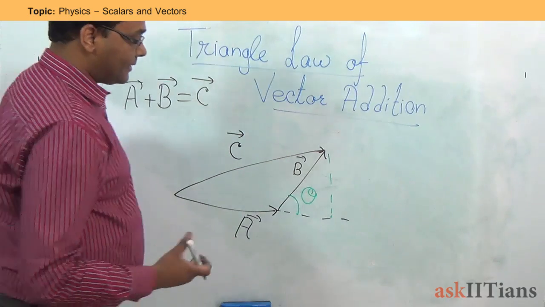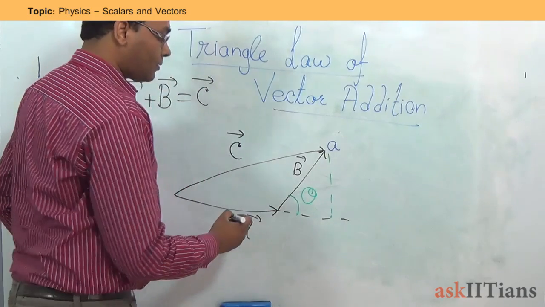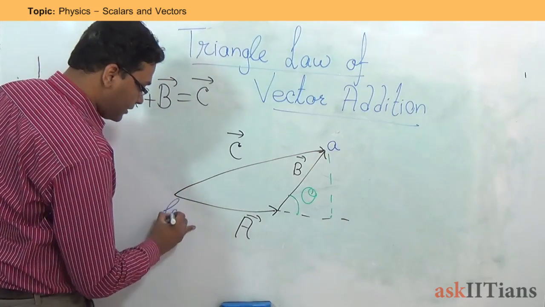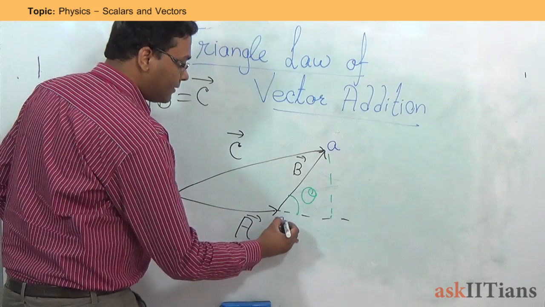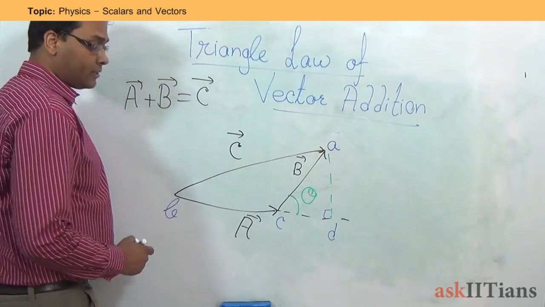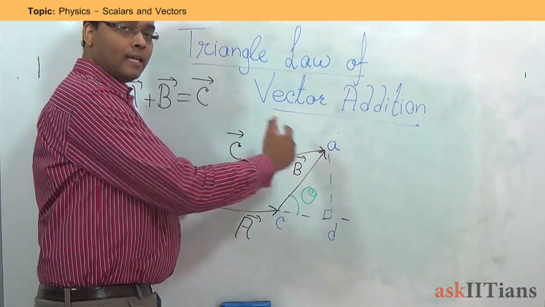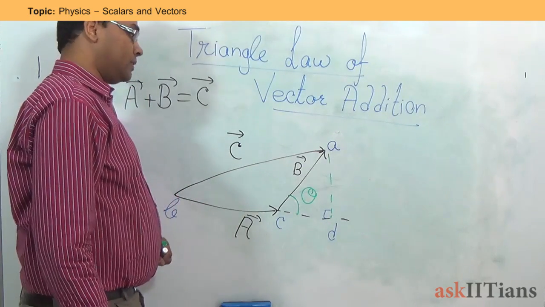Let me name it: let's say this point is A, this point is B, here I have C, and this is D. This is the right angle that I have. I want to find out the value of C, the magnitude.